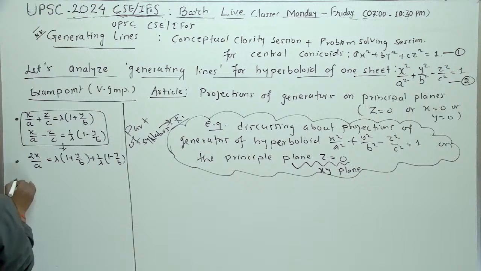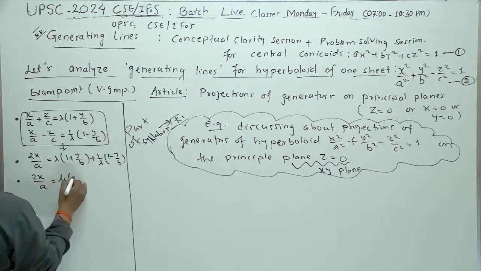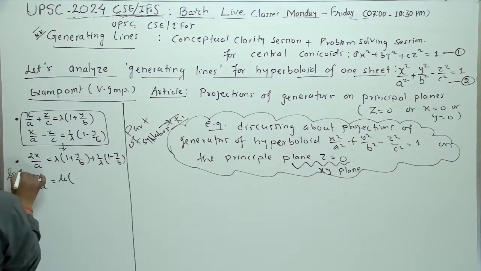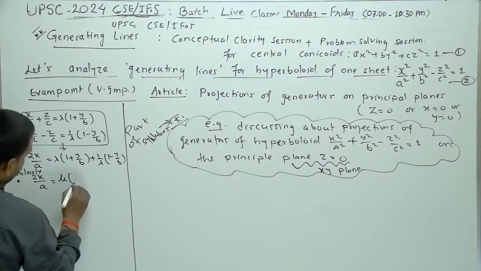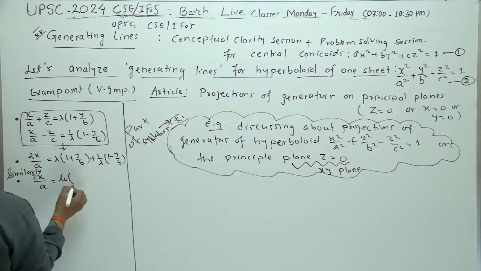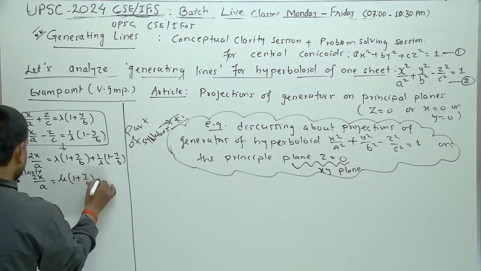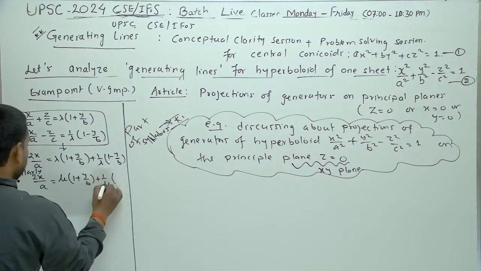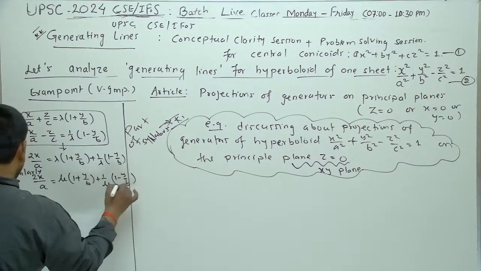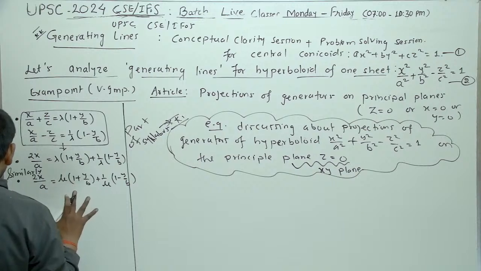For the mu system, similarly, 2x upon a equals mu into 1 plus y upon b plus 1 upon mu into 1 minus y upon b.